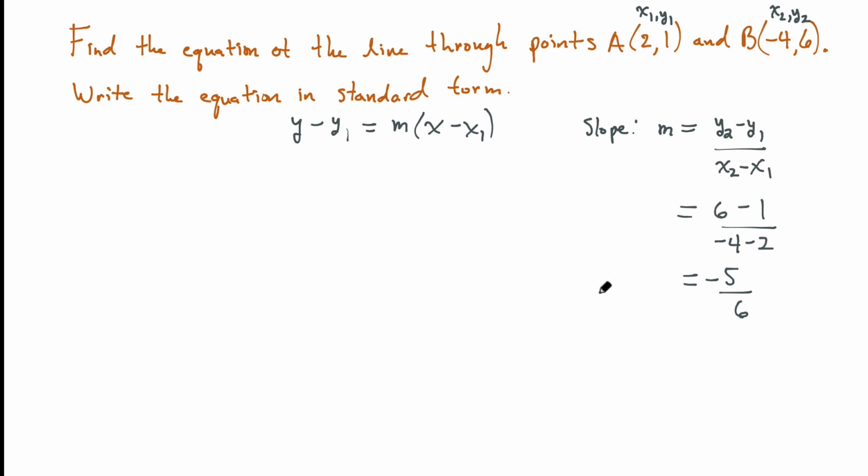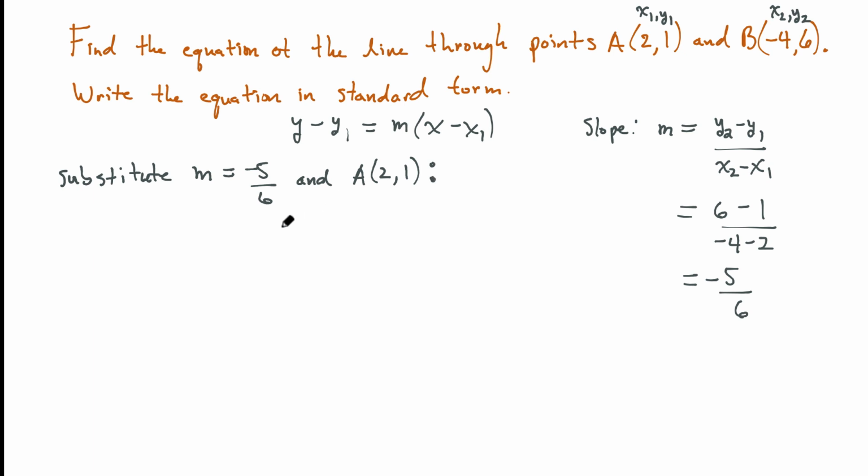Next, we'll substitute our slope and one of these points into our point slope formula. We'll substitute m is equal to -5 over 6, and A, which is (2, 1).